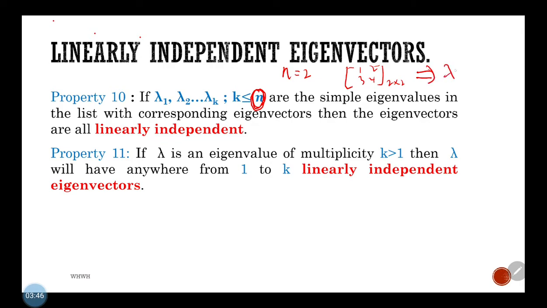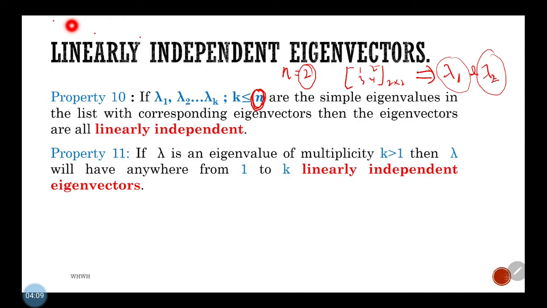We get 2 lambdas, lambda 1 and lambda 2. So the size of the matrix determines how many eigenvalues you will get, and for each eigenvalue, you will have its eigenvectors.